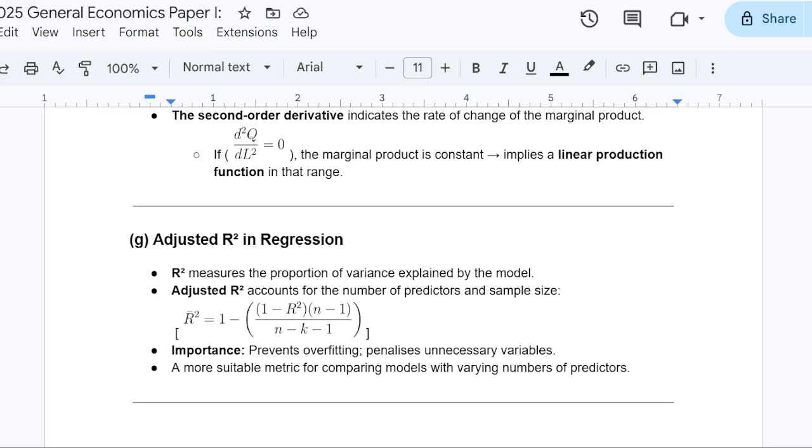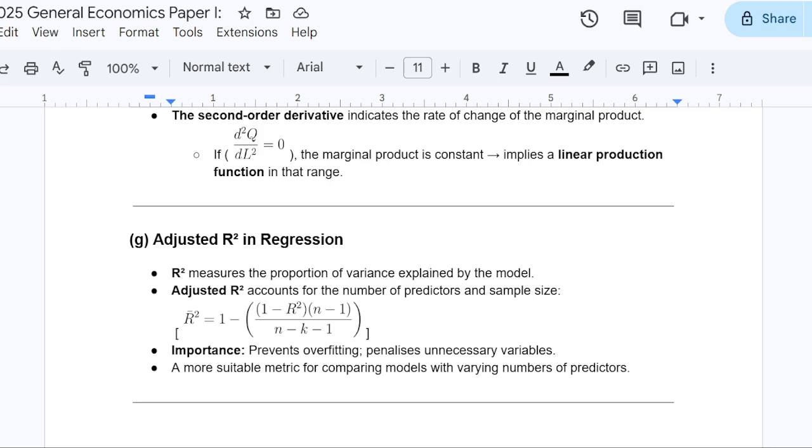Adjusted R square does the same thing, but it discounts for the number of predictors and sample size, that is n and k, the number of parameters and the sample size. So if you have a larger number of parameters or larger sample size, then adjusted R square will show you the change.